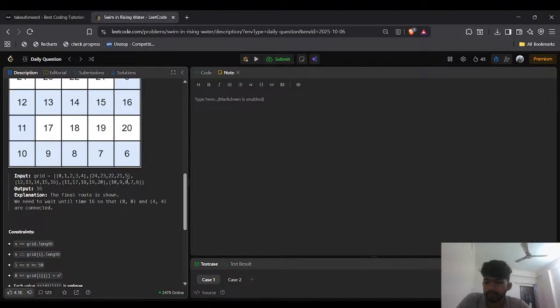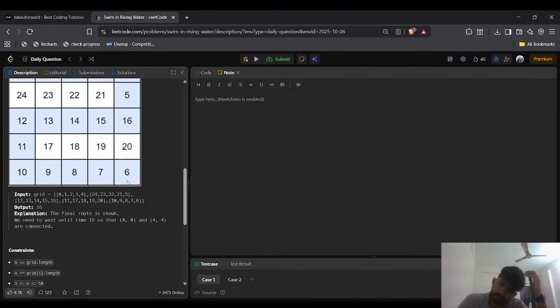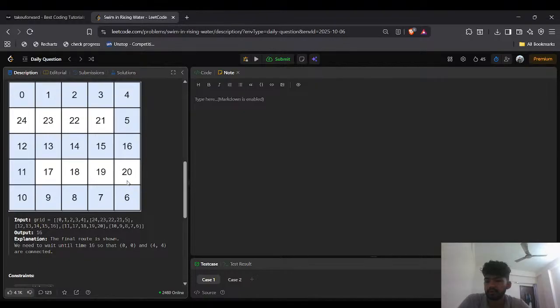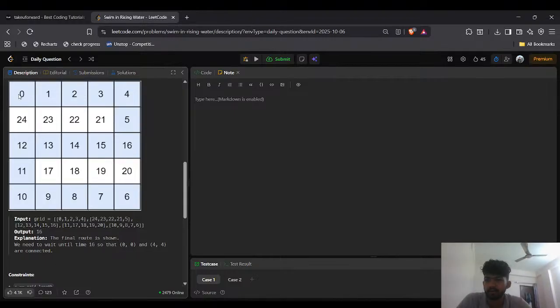So I think we need to find the shortest path, and then our answer will be the maximum in that path. Like 1 2 3 4 5. Then after 5 we need to wait on 5 until it becomes 16. Eventually when it becomes 16, then we can go anywhere below 16.